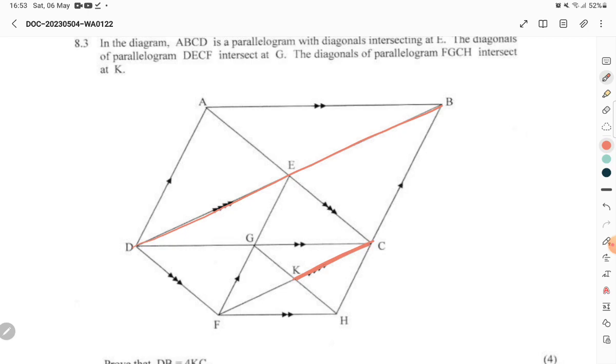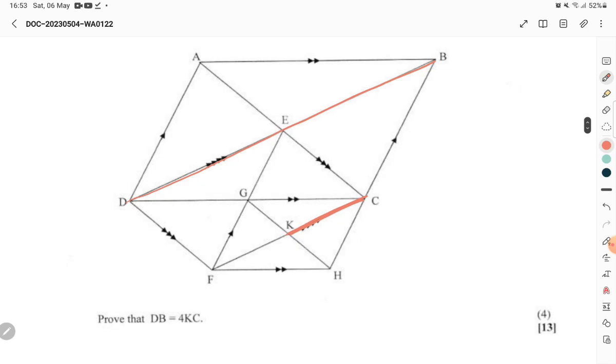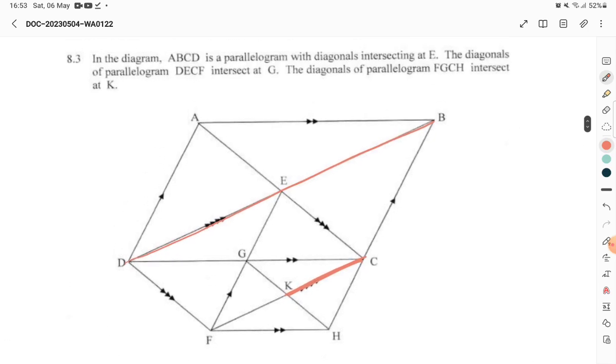It is very important to start by understanding the parallelogram at large. So if this is the parallelogram, and you also have this parallelogram and this other parallelogram, because we have three parallelograms, which means we do have a lot to talk about.